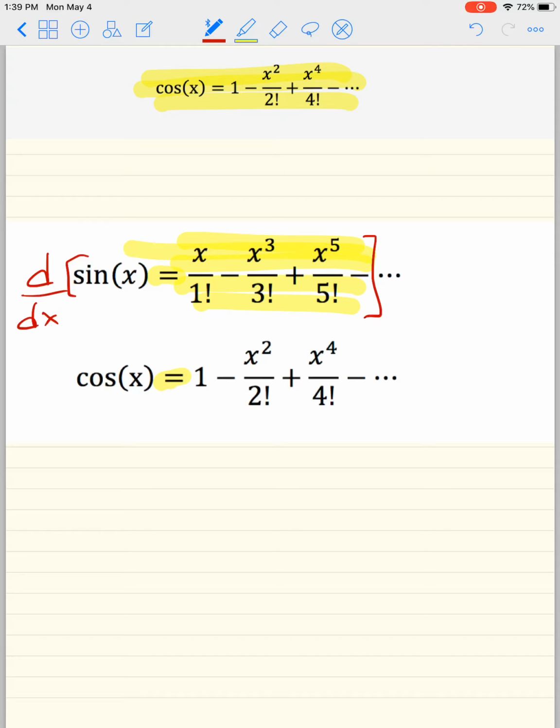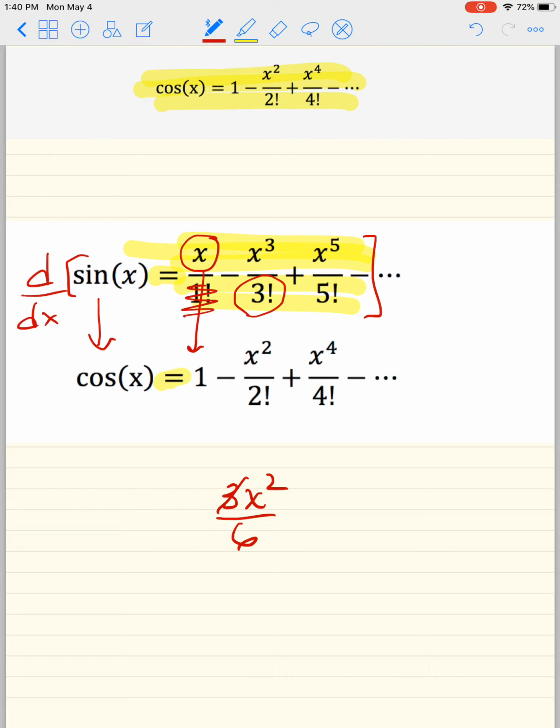And look what happens. The derivative of sine x is cosine x. The derivative of x, okay, we don't really care about the 1 because 1 factorial is just 1, and the derivative of x is 1. The derivative of x to the third is going to be 3x squared. Remember, 3 factorial is just a constant. It's just 6, all right?